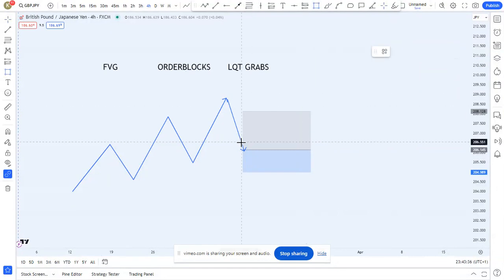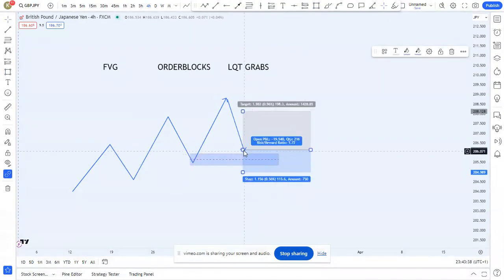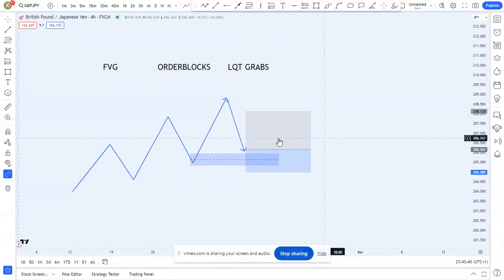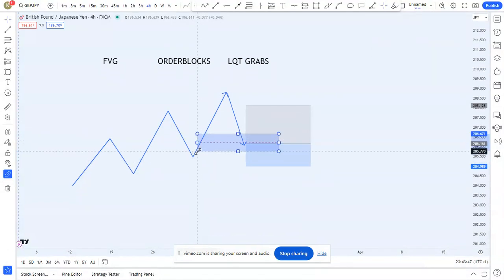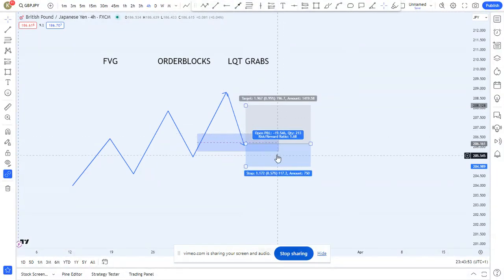So if there is an order block here, you know that here is a place that will most likely push prices up. If this was an FVG here, you know that okay, price would most likely go up from here. And if this wants to happen like this, in a case where it's gonna be a liquidity sweep, it's gonna be looking more like this.